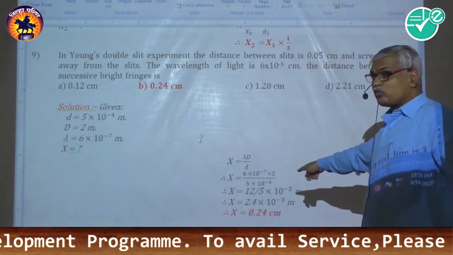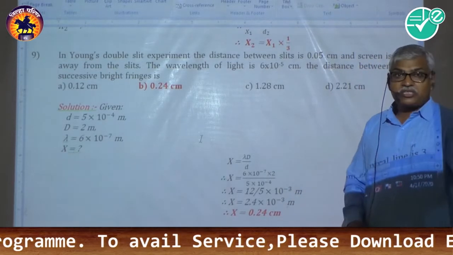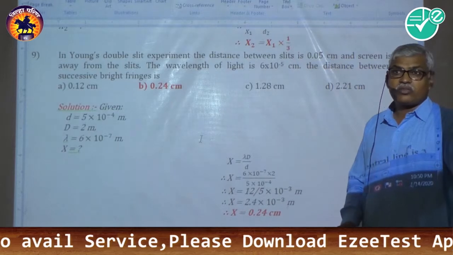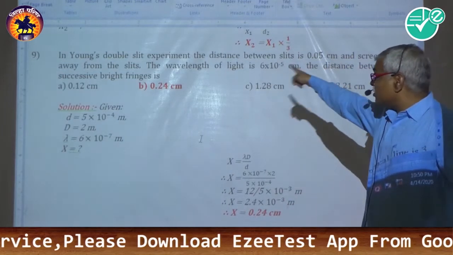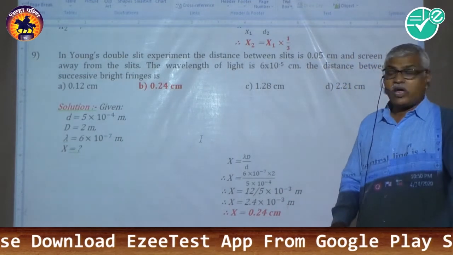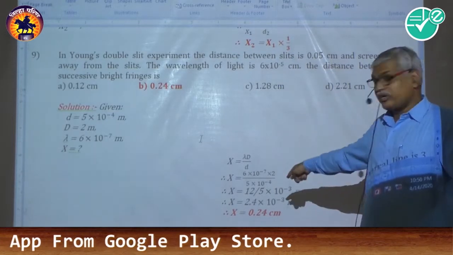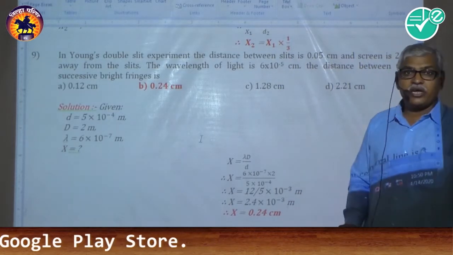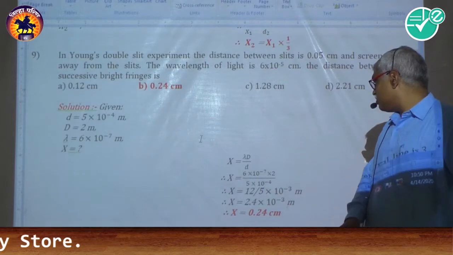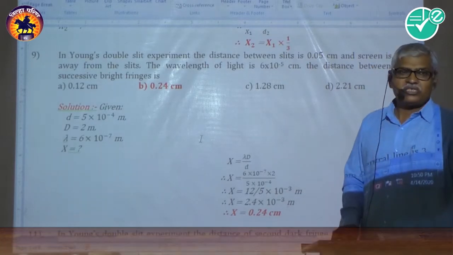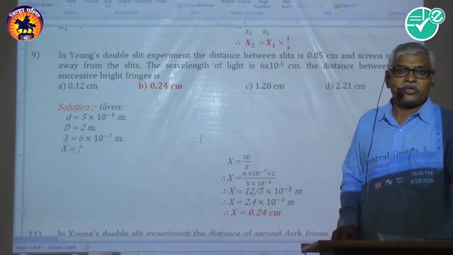Basically, it is X is equal to 2.4 into 10 to the power minus 3 meter. It is in SI unit. But data in the question is given in the CGS unit, and the option is also asked in the CGS unit. Therefore, we also convert it into CGS unit. Therefore, we get capital X is equal to 0.24 centimeter. 1 centimeter is equal to 10 to the power minus 2 meter. This is the logic.